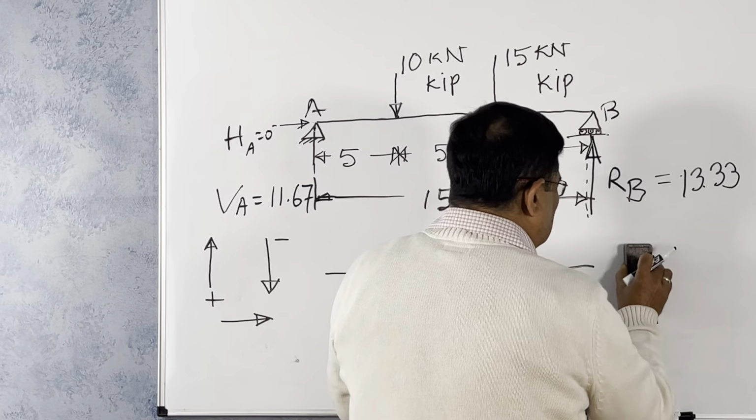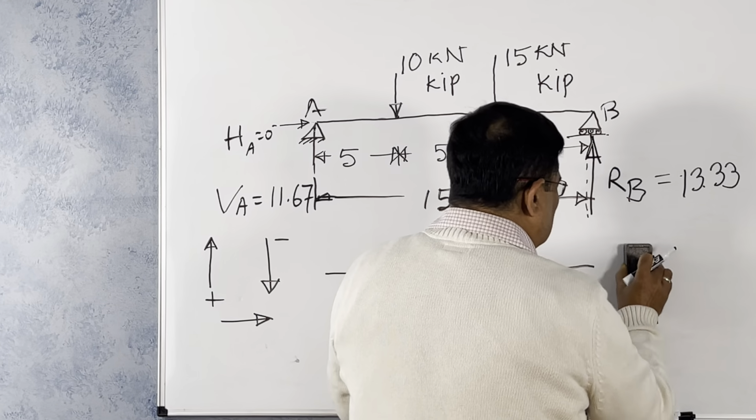This value is 1.67. Then there is no force in between, so it will go constant. Here suddenly 15 comes in, downward, negative. So what will happen here? Just left of this point, 1.67 is still valid. As soon as it reaches this point, just right, this 15 comes in.